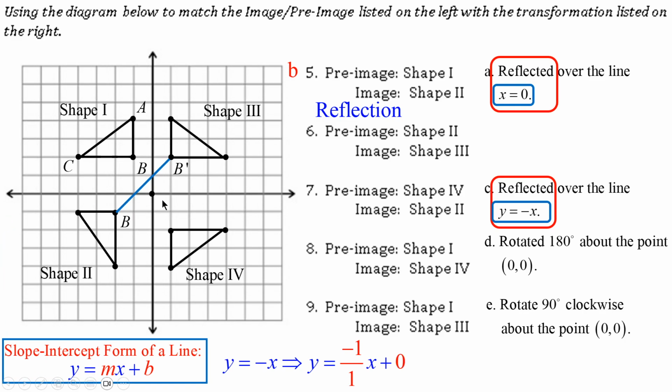So let's graph that. The y-intercept 0, and I'm going to go down 1 and over 1. There's my next point right there. And draw that line, and that looks like a perpendicular bisector to me right there. See the 90-degree angle? See that leg congruent to that leg right there? So the answer is C.